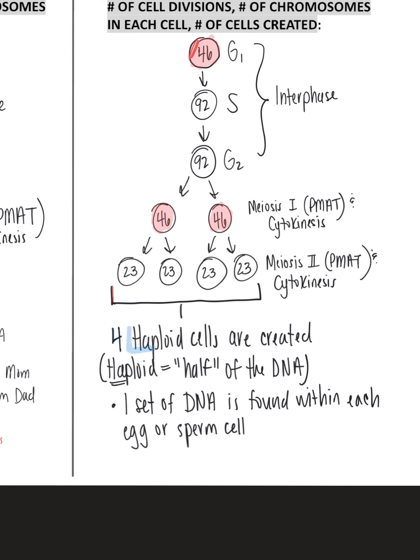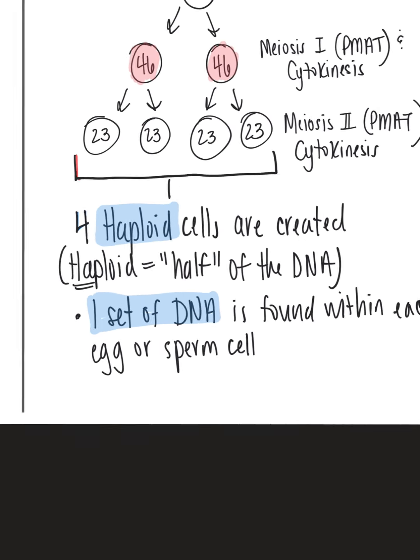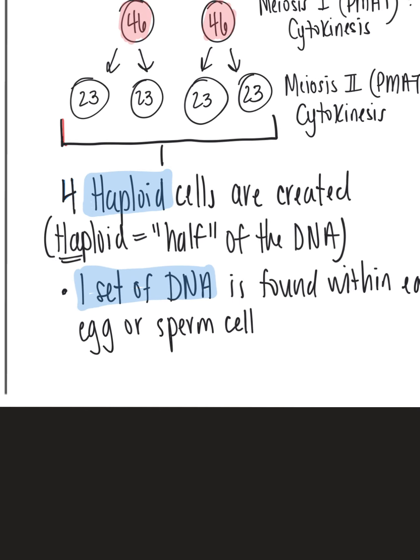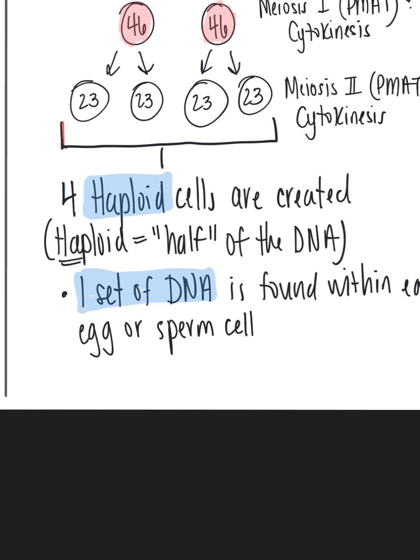This time I'm going to use blue to represent haploid. Down at the very bottom, we can represent the haploid number, the number of chromosomes, through the letter N. For humans, N is equal to 23 chromosomes.